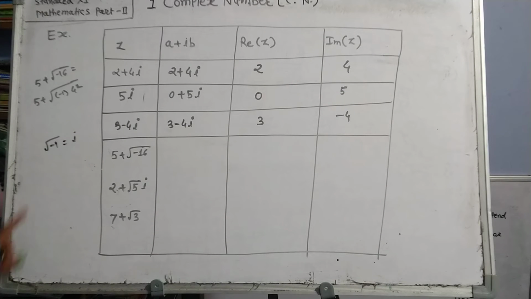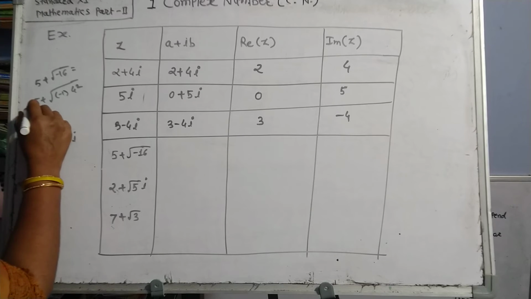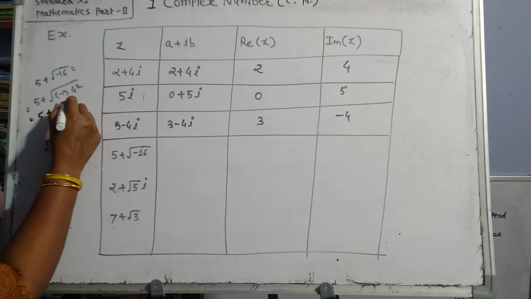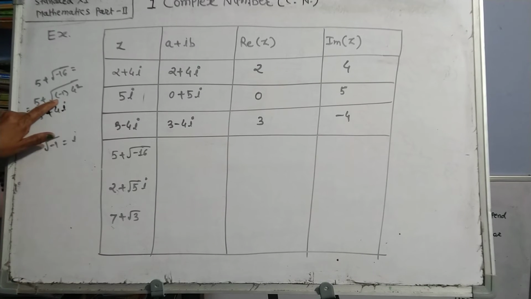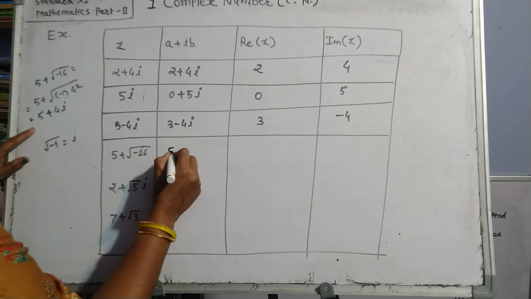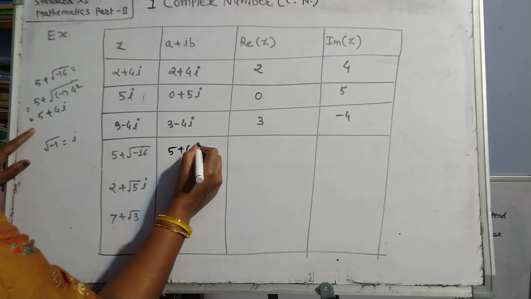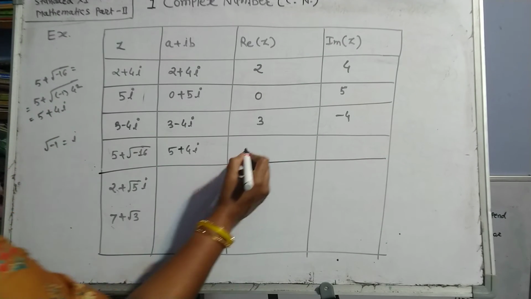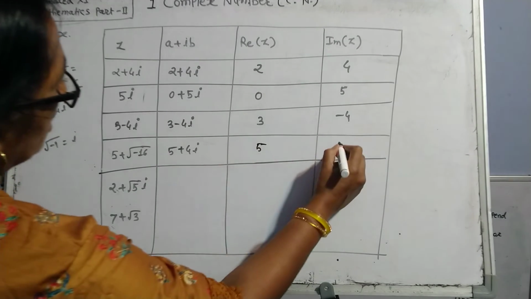Square root of -1 is equal to i. Therefore we write this number 4i, where square root of -1 means i. So 5 + 4i. Now here real part is 5 and imaginary part is 4.